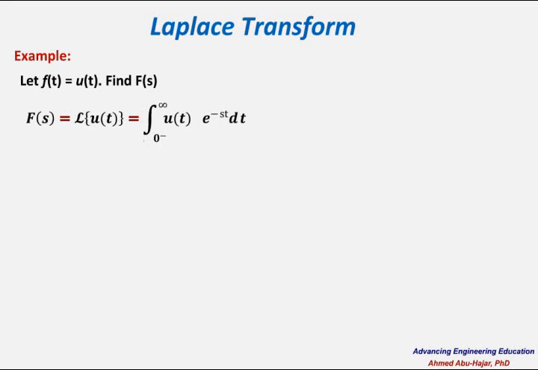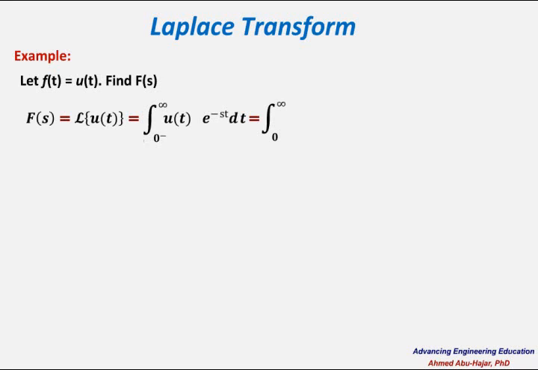But we know that u of t is 1 for all values of t greater than or equal to 0, then this integration can be expressed as the integral from 0 to infinity. We have replaced the lower limit from 0 minus to 0 because u of t is non-zero for t greater than 0.